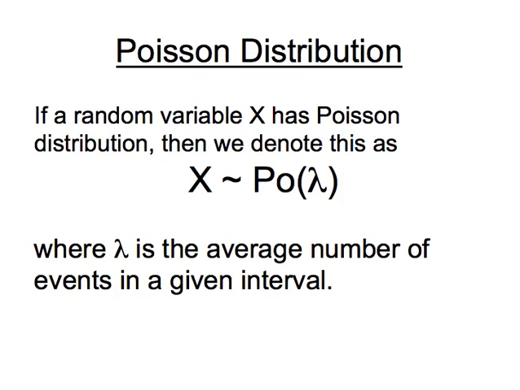If X has a Poisson distribution, we denote it as X tilde Po, and the parameter is lambda. Lambda is the average number of events in a given interval.